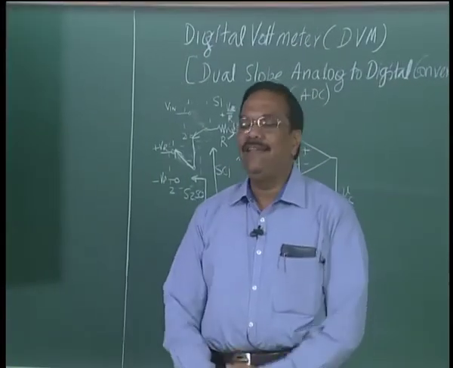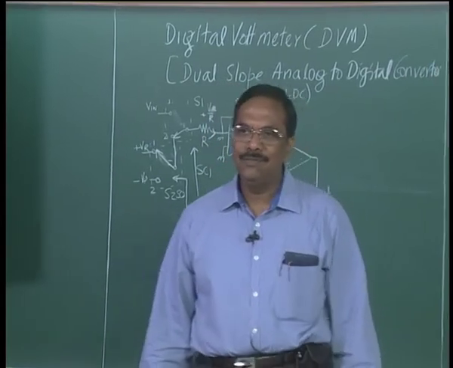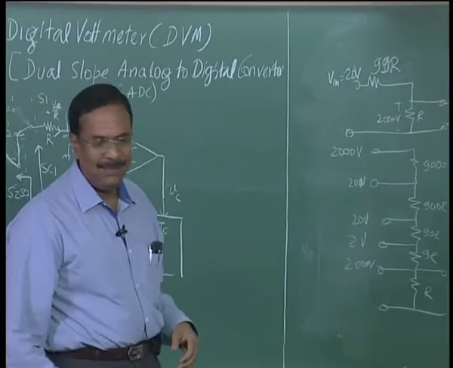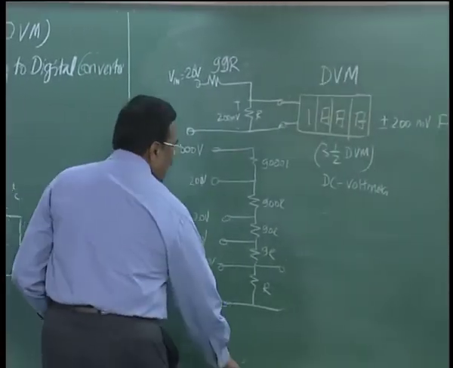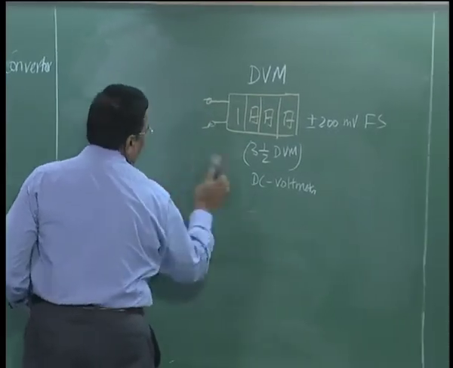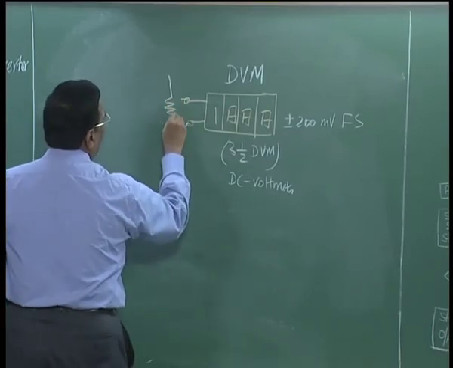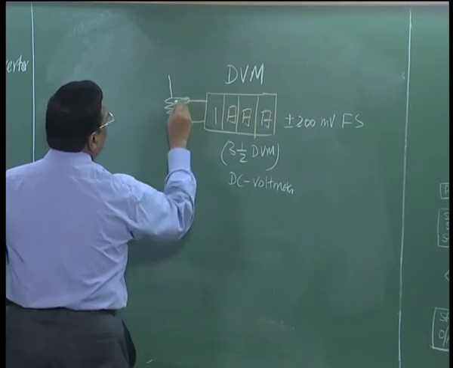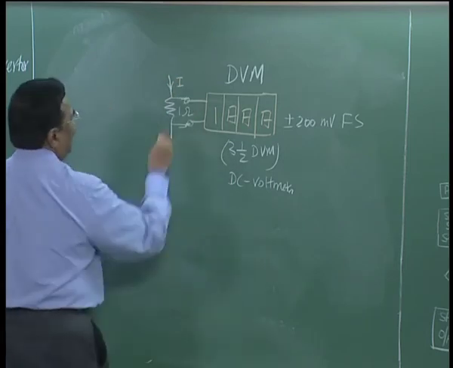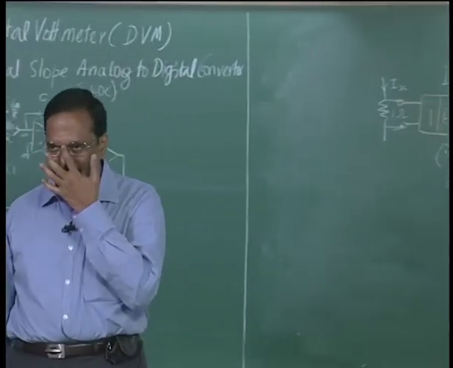But still, it is a DC voltmeter, 200 millivolts to 2000 volts. If I want to measure current, I have a 200 millivolts full scale digital voltmeter and I want to measure current. What I do is put a 1 ohm resistor and send a current I. Again this has to be DC because the meter itself is a DC meter.